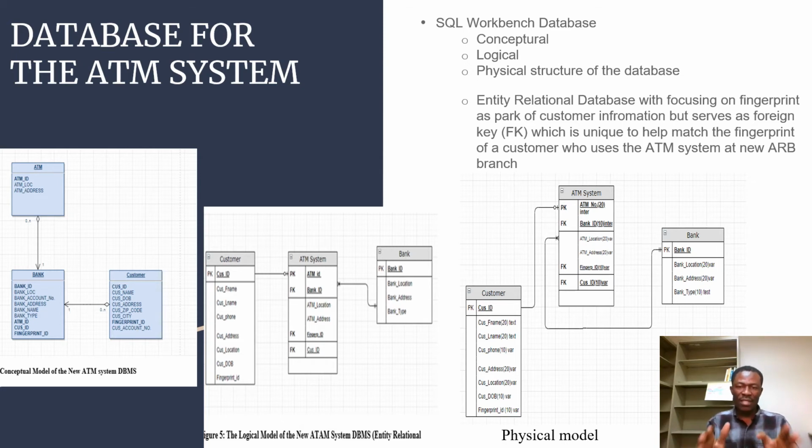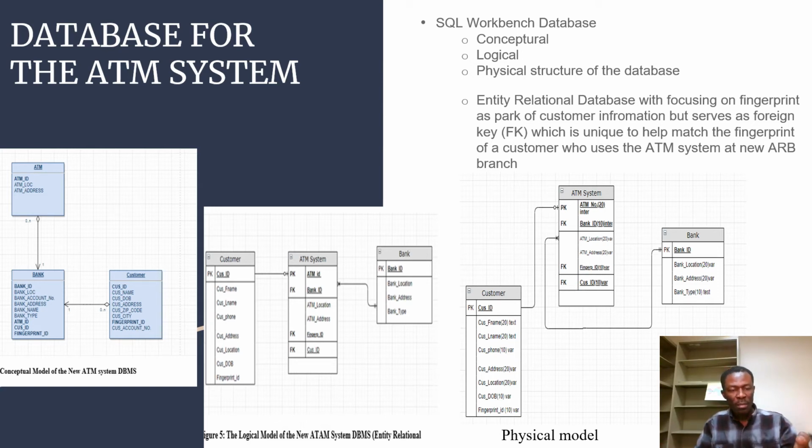And so I decided to create a database to store customer information as well as the fingerprint, to just make it known that the fingerprint is going to be the central function of this process.